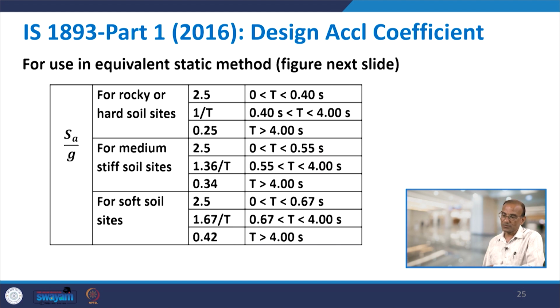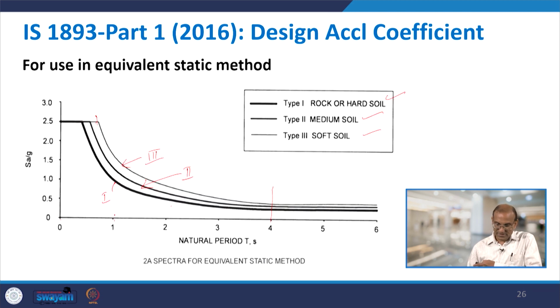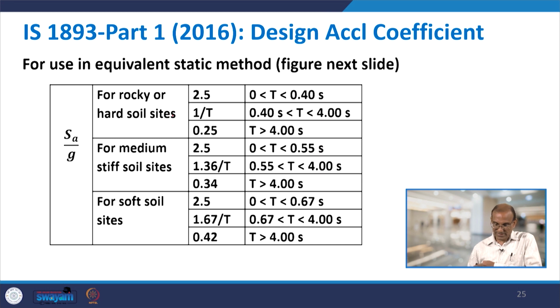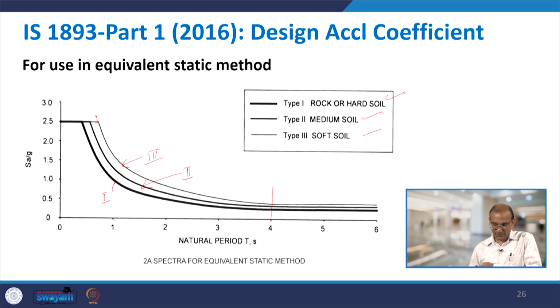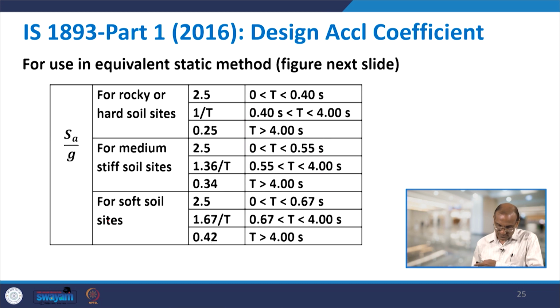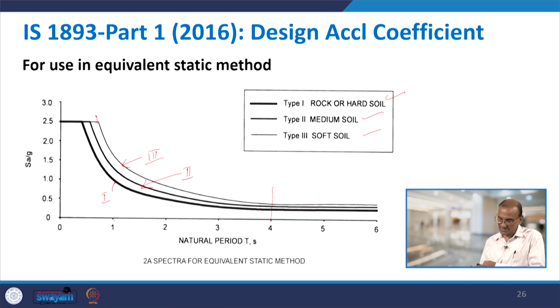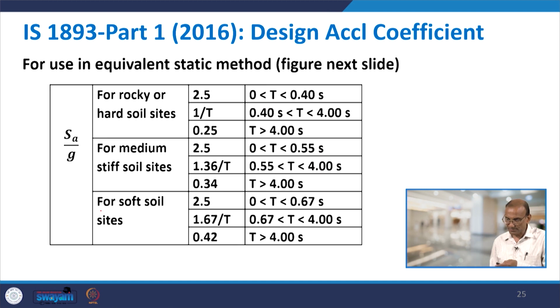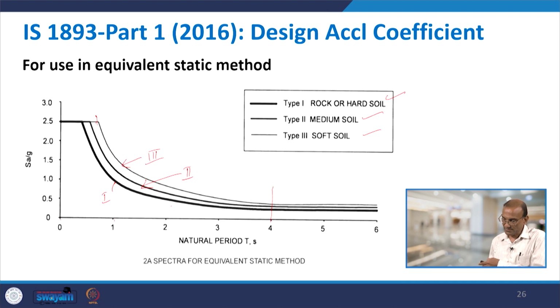So, up to 0.4 seconds the value of SA by G is 2.5. This is for the rocky site; let us say for soft soil it is going up to 0.42, so this corresponds to 0.42, and this is up to 0.67 second. So, here I can put the numbers on the curve: it is like up to 0.4, 0.55, 0.67.